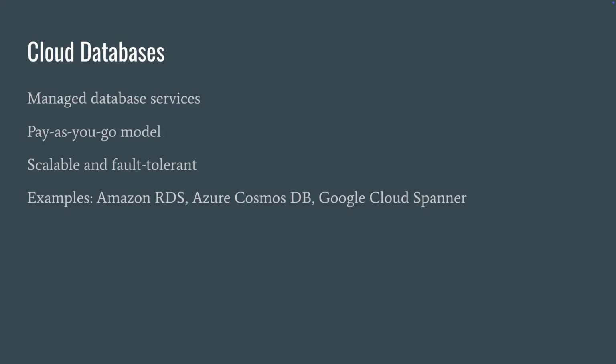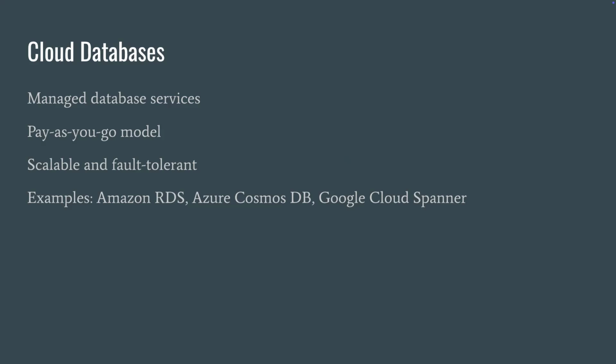Not only that, the cloud provider would manage patches, backups, as well as scaling the database. This approach is often referred to as database as a service, and the main benefits are convenience and scalability.